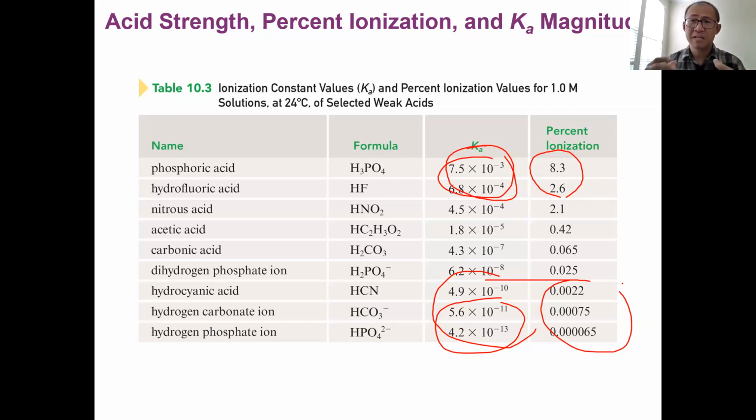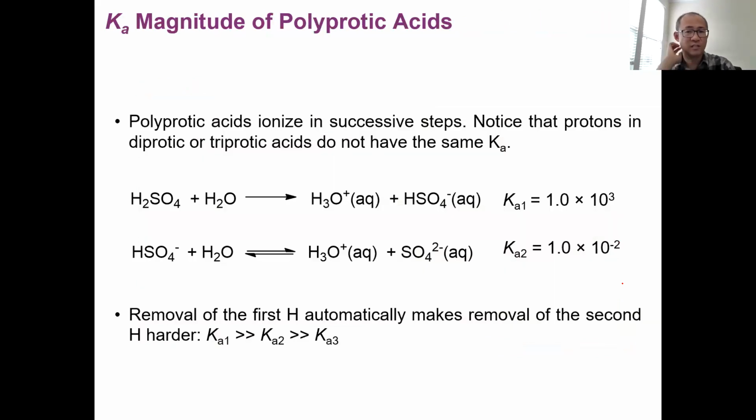Most of the molecules remain intact. So Ka is a very good ruler to measure the strength of an acid. Higher Ka, equilibrium favors the right, moves forward because there is more product, and the acid is stronger. A stronger acid means a greater percent of ionization.